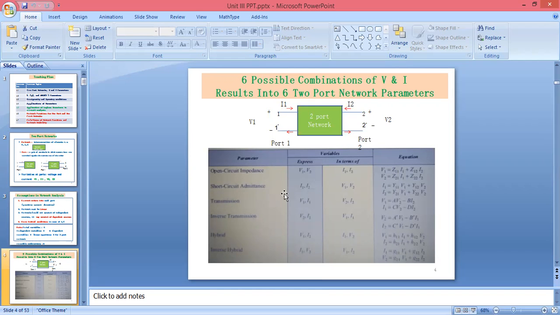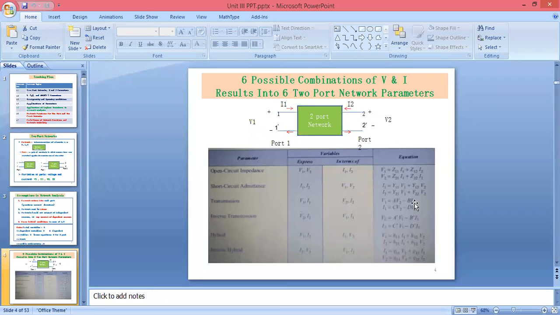Then if the currents depend on V1 and V2, we call that the Y parameter, because when current values depend on voltage, our equations of current are in the form of Y. That's why we call this the Y parameter, or the short circuit admittance network. If V1 and I1 depend on V2 and I2, we call this ABCD.